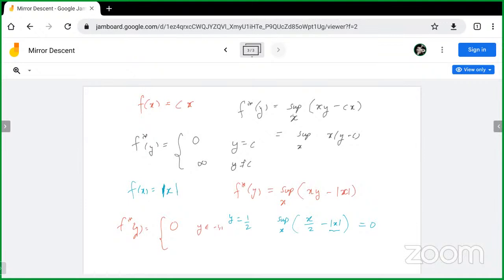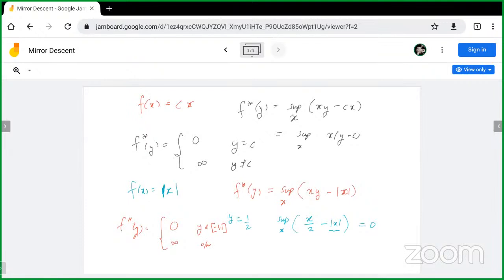Close bracket. No, not really. If y is exactly 1, it means x minus mod x, so it's going to be 0. So close bracket. And otherwise infinity. Cool. Okay, that is enough of 1D examples.